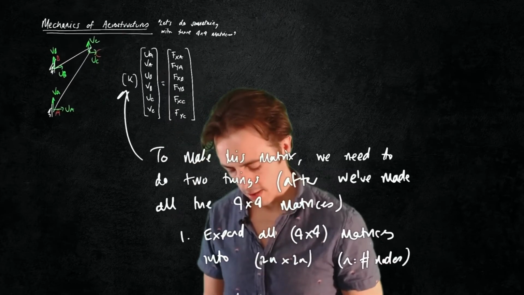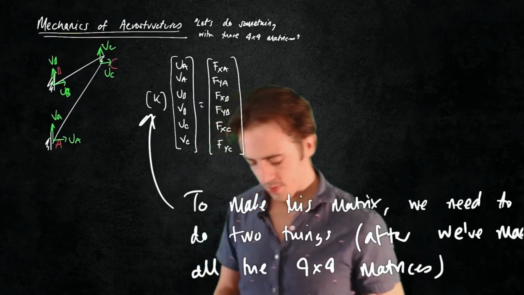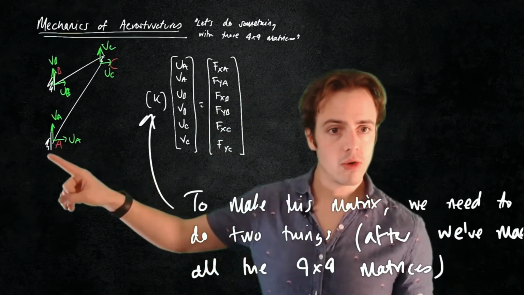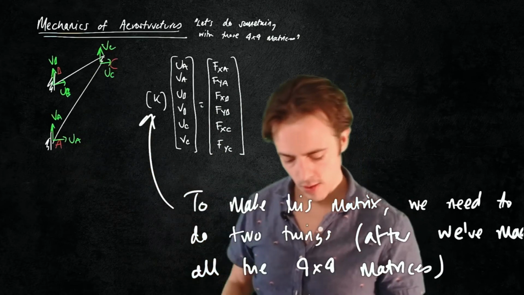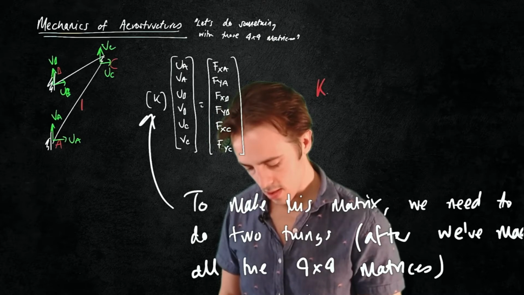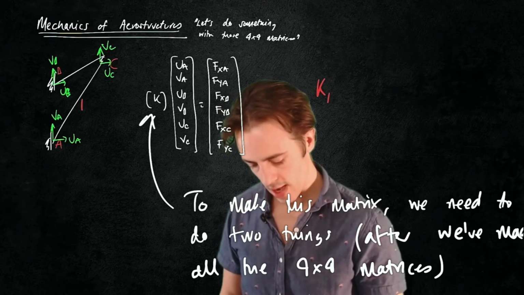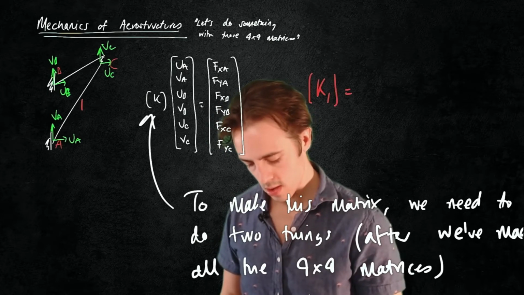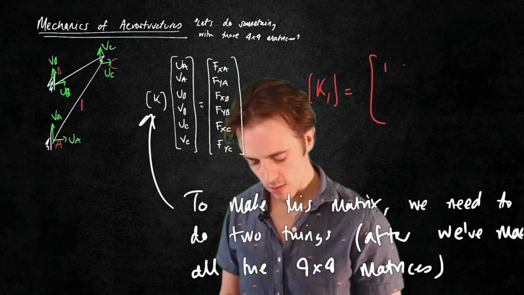So let's look at this problem here. I've already got this drawn up here, so I don't need to go through this. My stiffness matrix for this element, which we had as element 1, let's call this K1, would be a 4x4. So 1, 1, 1, 1.